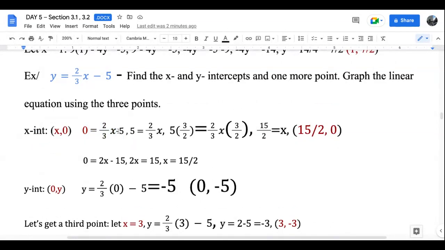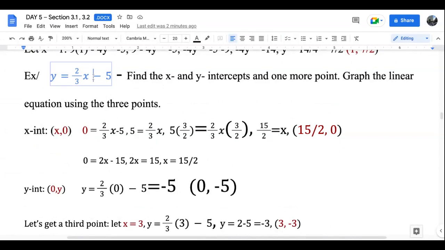Then we can move this -5 to the other side. It becomes positive. Then we multiply by the reciprocal of 2/3, which is 3/2, on both sides. Then 3 times 5, 15. 15 divided by 2. So that's the x value. Right? So the x-intercept is 15 over 2 comma 0.